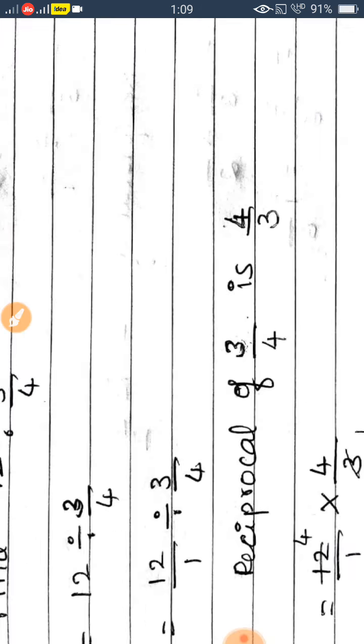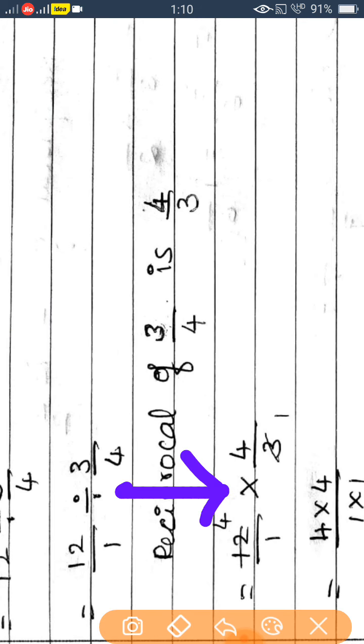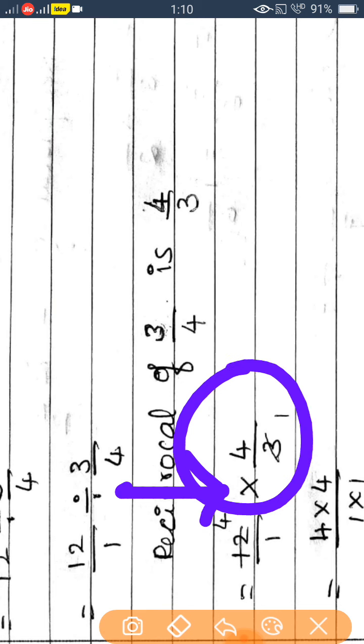How is it? So 12 I have written as 12 by 1, 3 by 4 as it is. So reciprocal of 3 by 4 is 4 by 3. So in place of the division sign, I want to write multiplication, so that this number's reciprocal we have to write. So 3 by 4 reciprocal 4 by 3 we have to write.